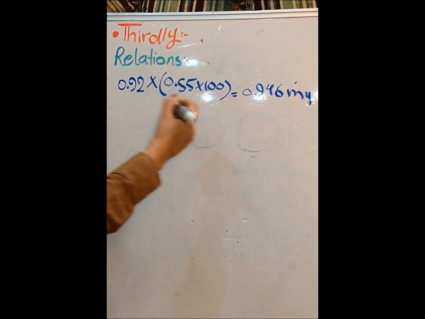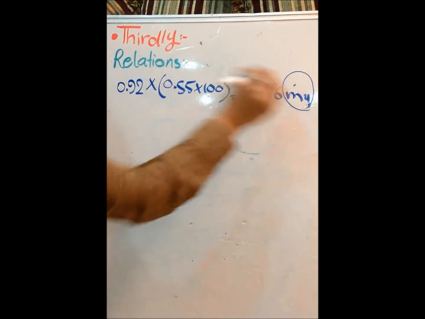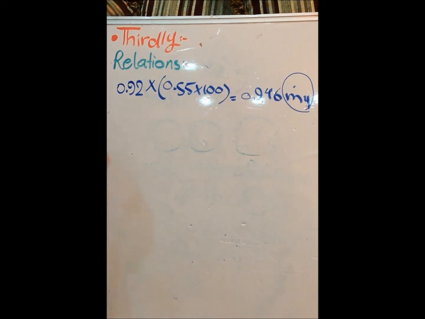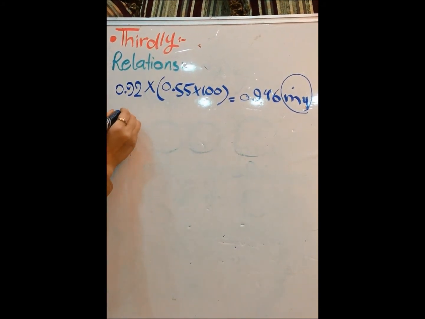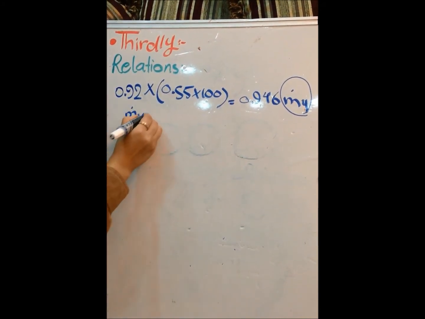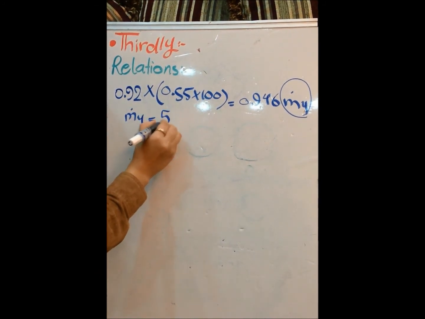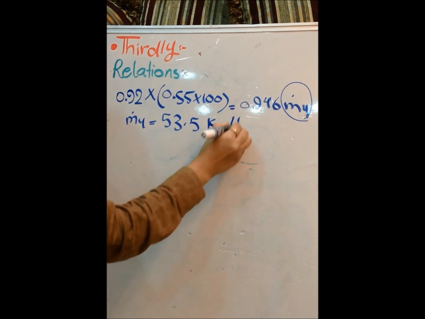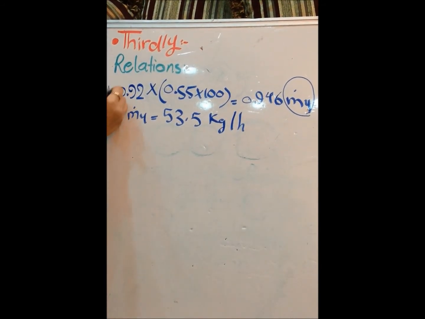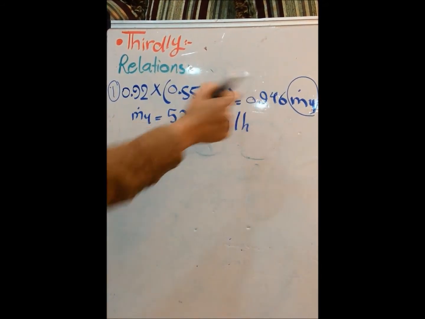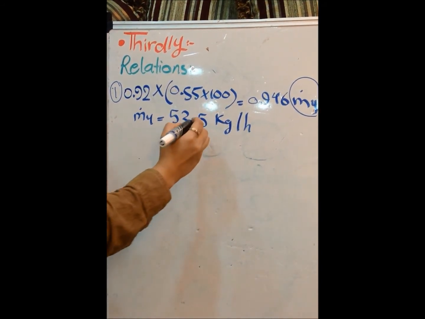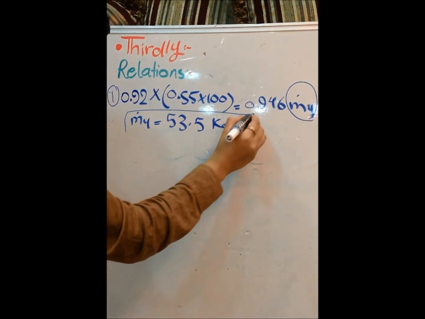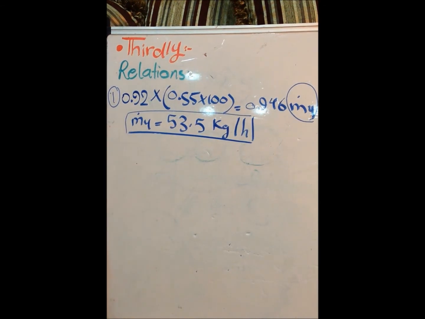So from this relation we can find the mass flow rate of the fourth stream, and after calculations it is equal to 53.5 kilograms per hour.